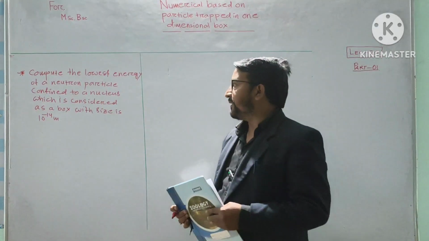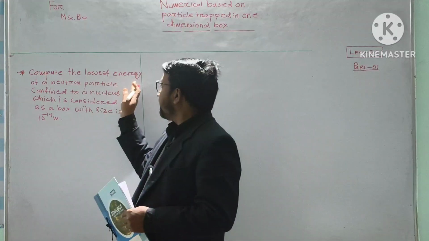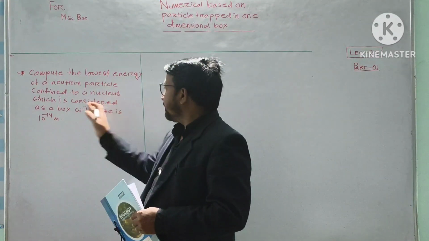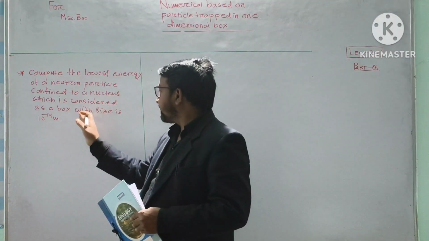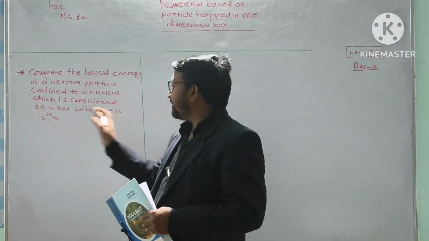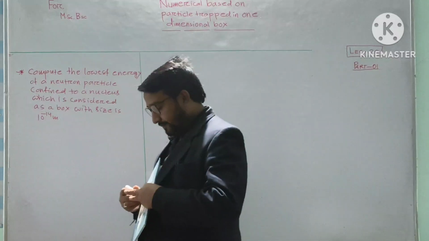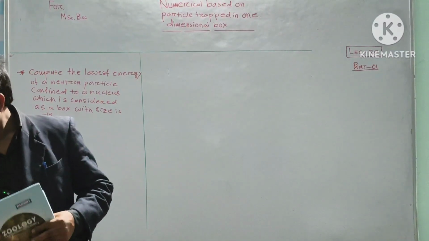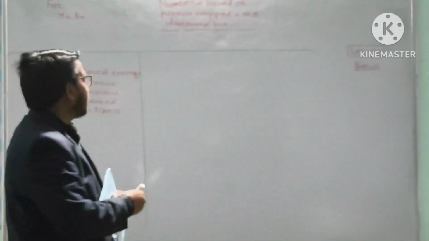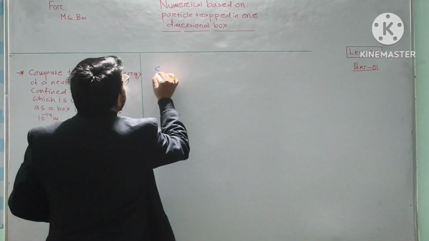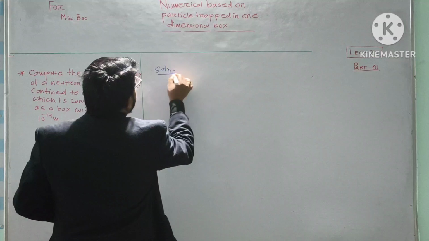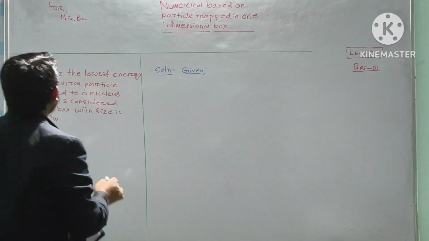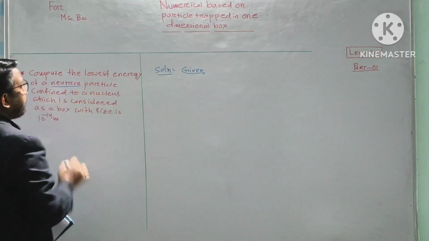The statement of this problem: compute the lowest energy of a neutron particle confined to a nucleus which is considered as a box with size 10 to the power minus 14 meter. Okay. So the given information, solution: the particle is a neutron.